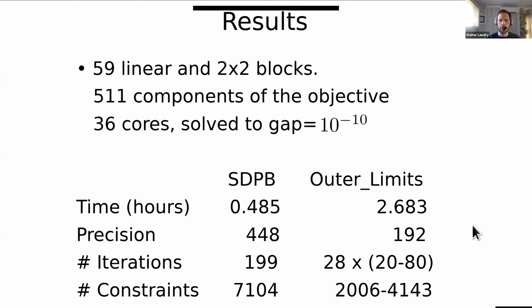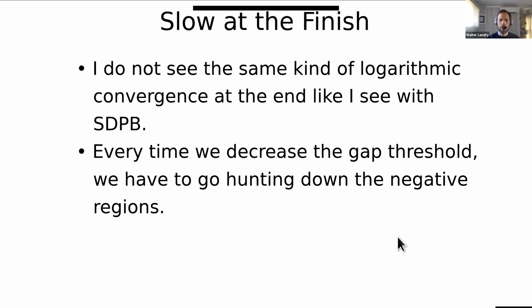But it's still, like I said, every time you reduce the gap, you have to go hunt for negative regions. Okay, you found this one, and then you add a constraint there, and then now another negative region pops up over here, and you end up doing that for a while, and then you can reduce the gap again.